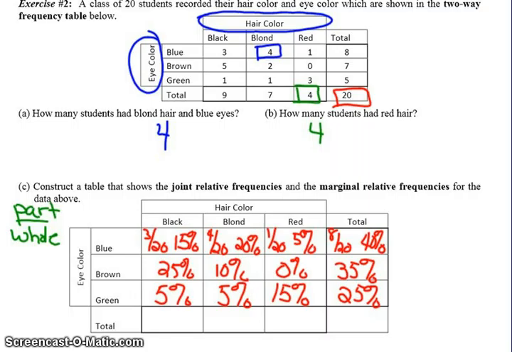So my totals down here: total people who had black hair is going to be 45%, total people that had blonde hair is 35%, and total that had red hair is 20%. And then this should always be your 100, because 20 out of 20, that's your whole.